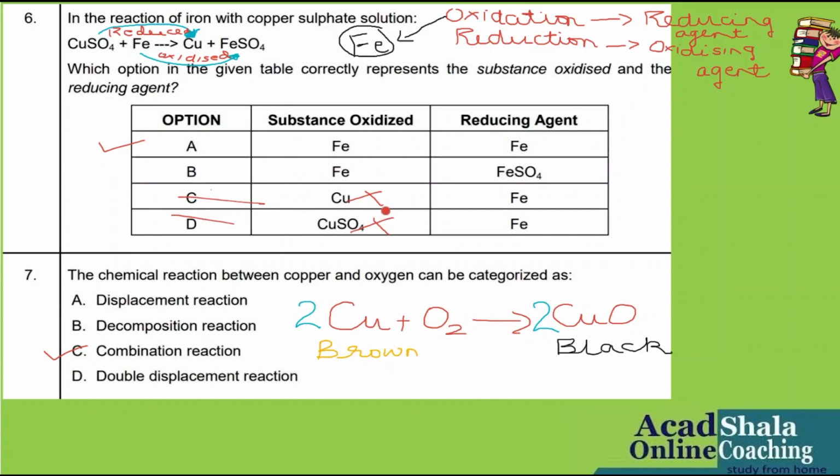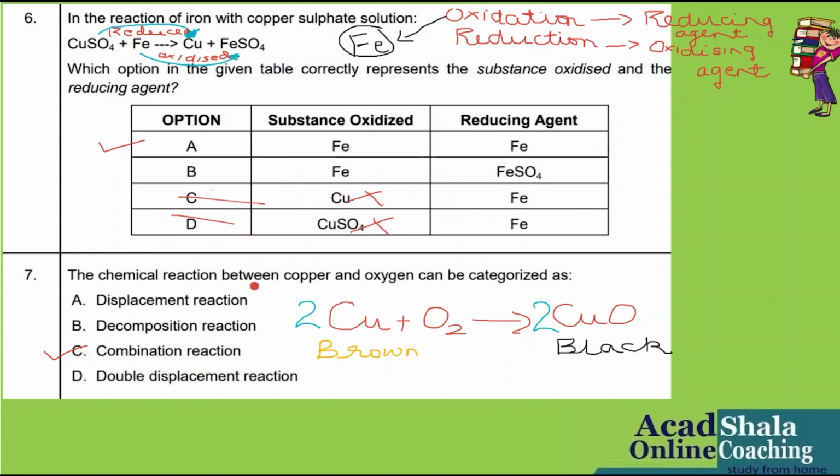So only two options are left, that is A and B. And now according to my trick, oxidation is the reducing agent and reduction is the oxidizing agent. So nothing to worry, I have come to know option A is correct. So I will choose option A, that iron is the substance oxidized as well as the reducing agent. Finished? Okay, let's proceed to the next question.